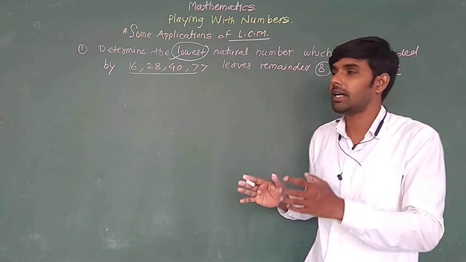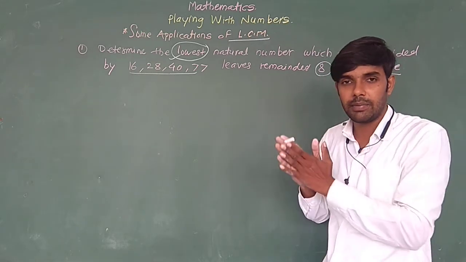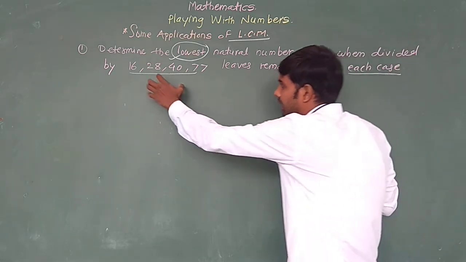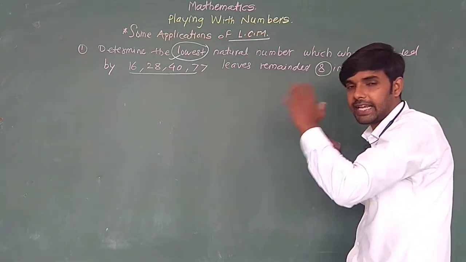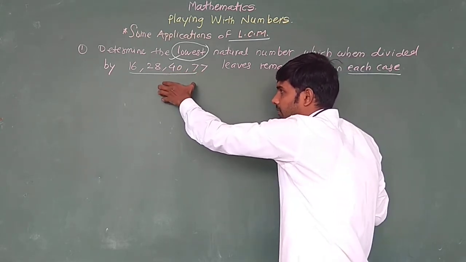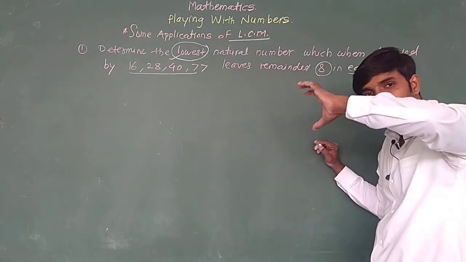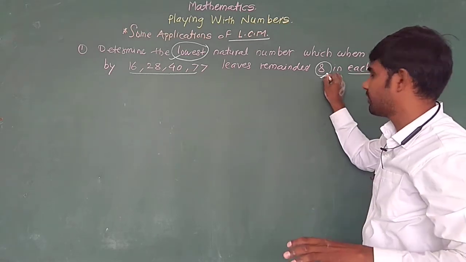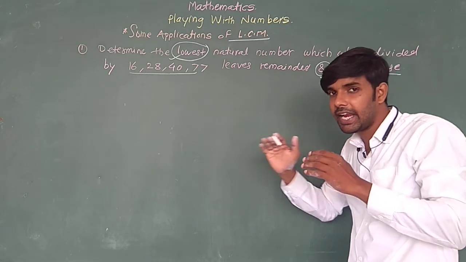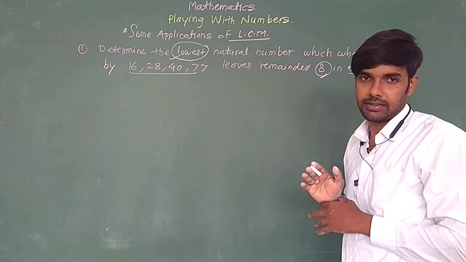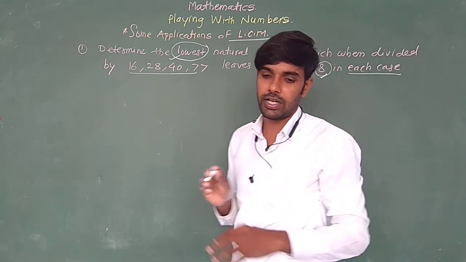LCM is nothing but the lowest common number which is exactly divisible by the given numbers. So first we will find the LCM of these four numbers. According to the condition of the question, it leaves remainder 8. That's why at the last we will add 8 to that LCM to get the required answer. Got it?